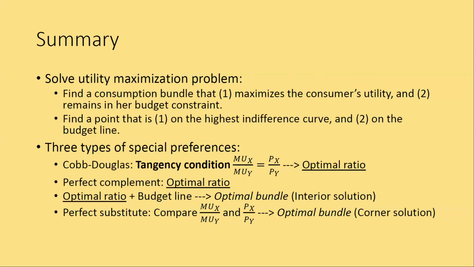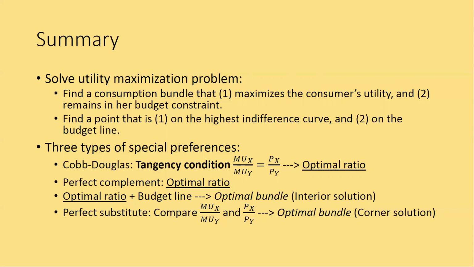So we discussed how we can solve 3 special types of preferences. When we have a Cobb-Douglas utility function, we can use the tangency condition, which is based on looking for a point where the slope of the budget line is the same as the slope of the indifference curve. This gives us the tangency condition, which we can use to calculate an optimal ratio.